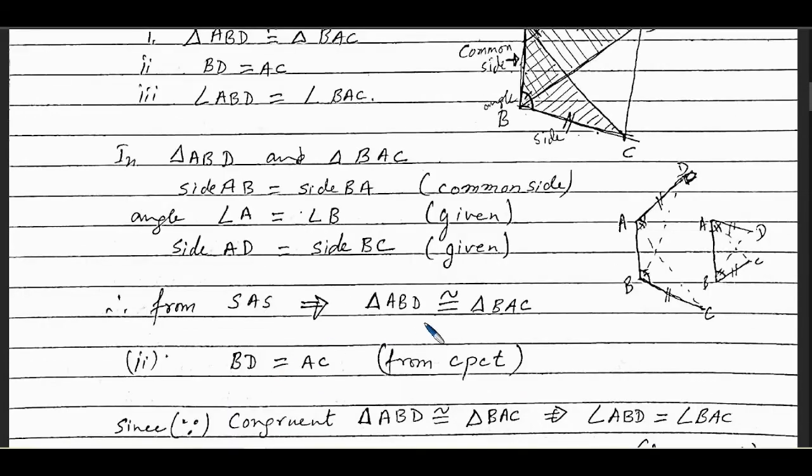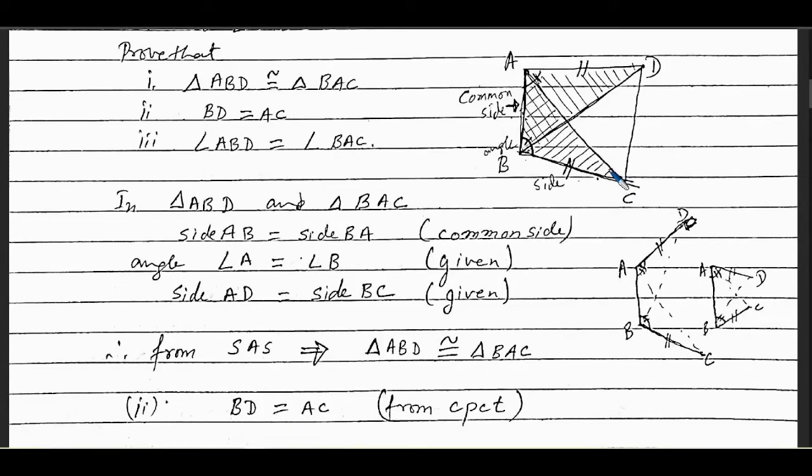Second, since it is congruent, for congruent triangles all sides will be the same, isn't it? If you prove it from side, angle, side or angle, angle, side, then once you say congruent, by definition of congruence all respective, corresponding sides are equal. CPCT, when we say corresponding parts of congruent triangles.